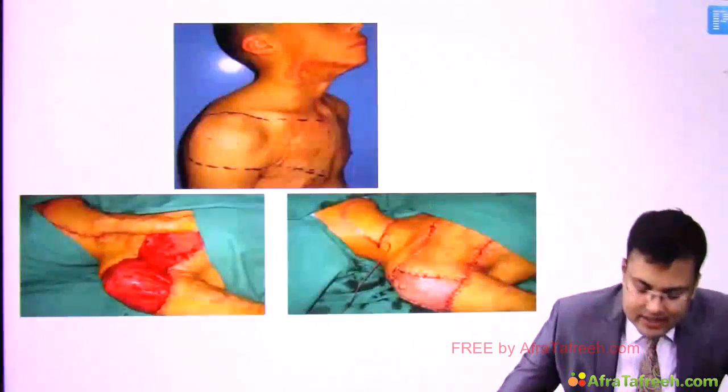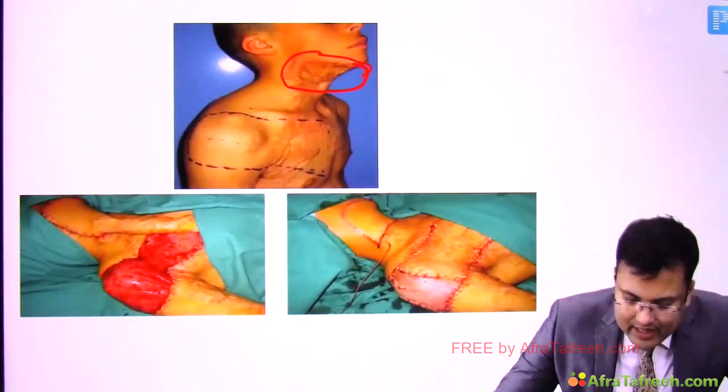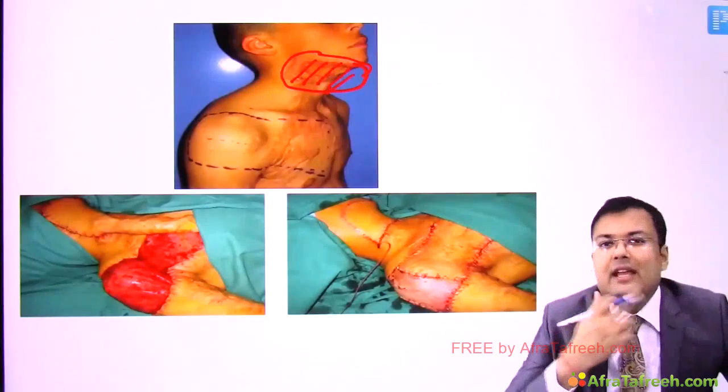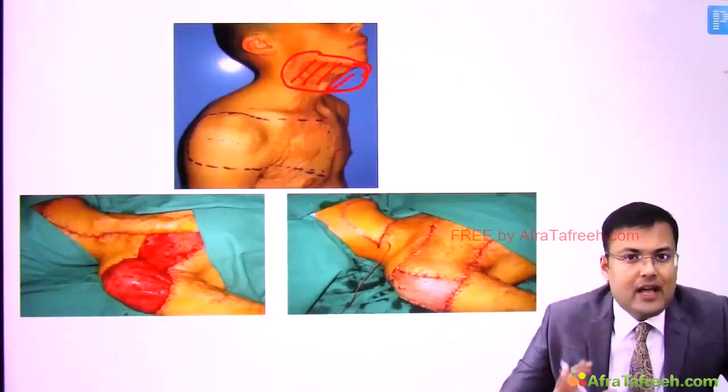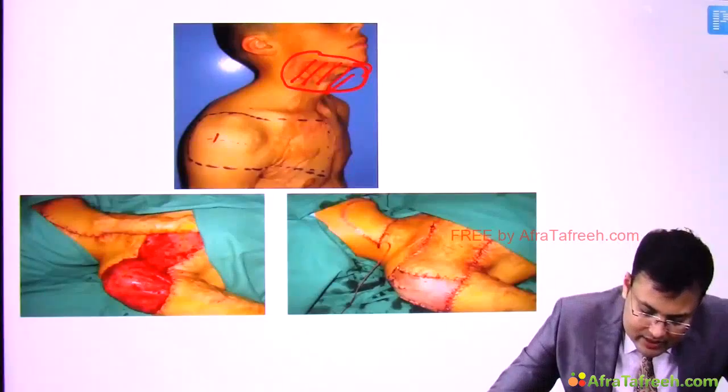Now see here, this patient is having scarring in this region. Clear? And we have to excise this scar. If we excise this scar, this area will develop a defect and we have to cover that defect. So how are we going to cover this? Can you see this region is deltoid and this is pectoral.